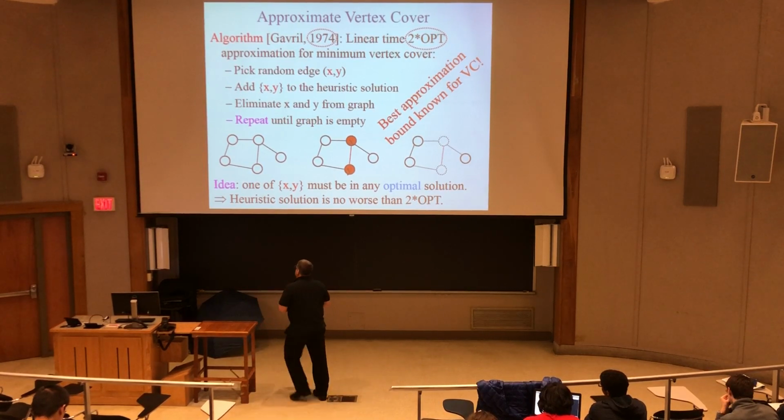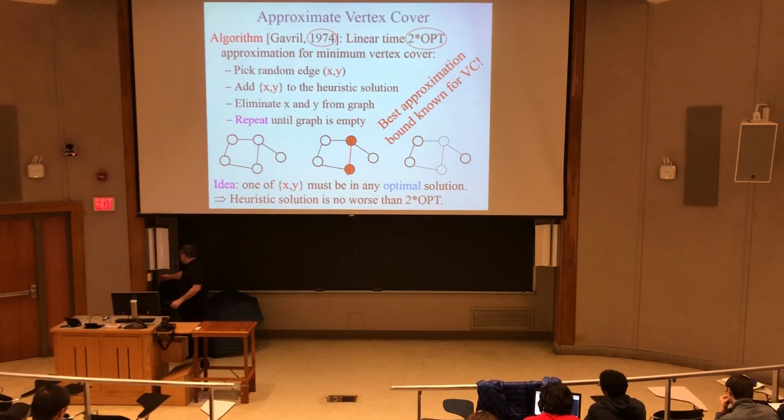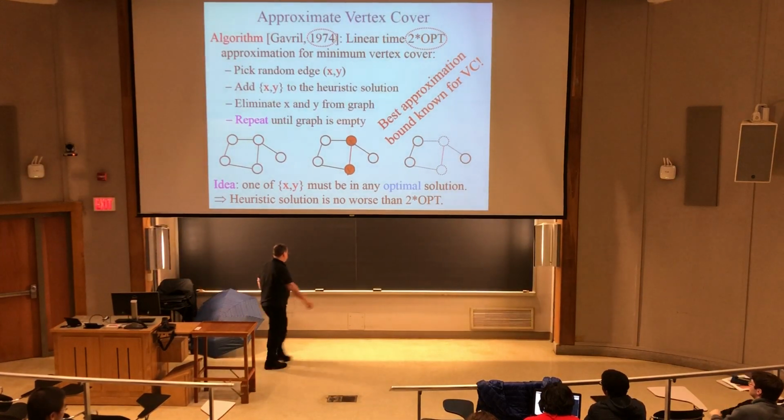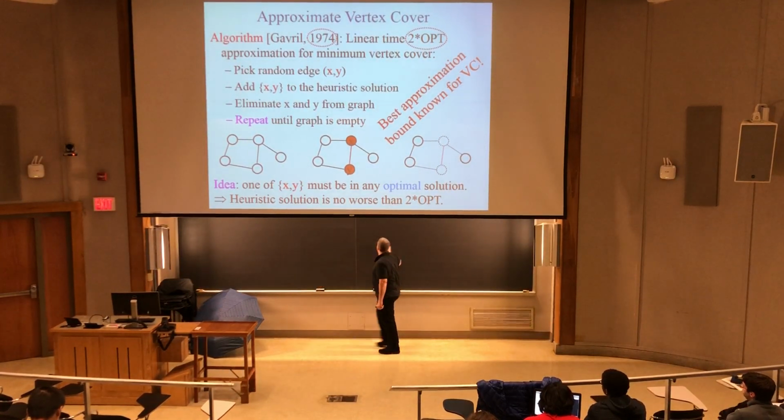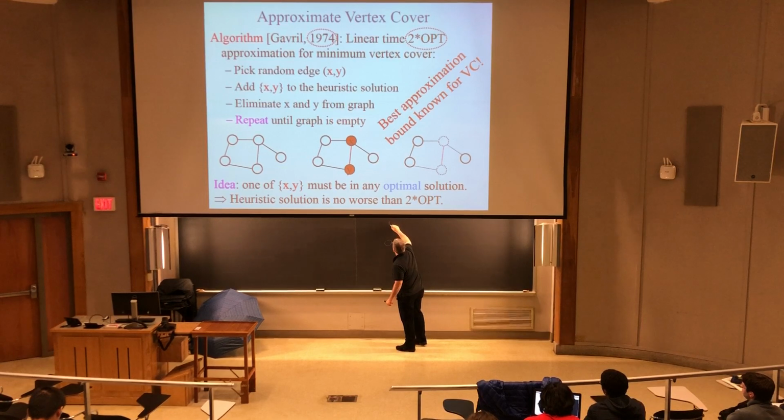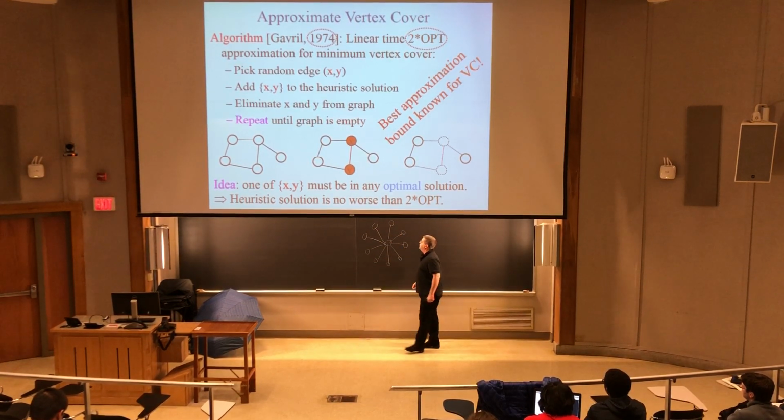Let me give you an example, just so you see how these counterexamples work. Take the graph that looks like a bicycle wheel. You have n nodes around that.